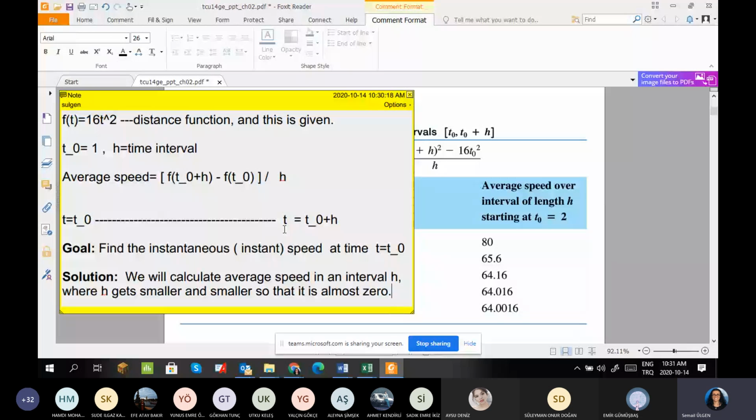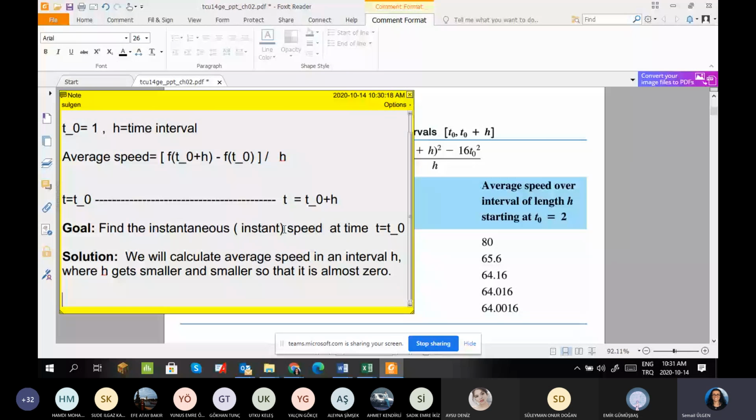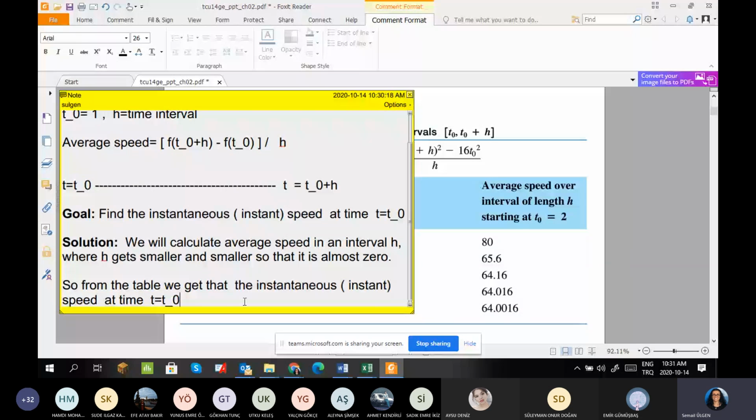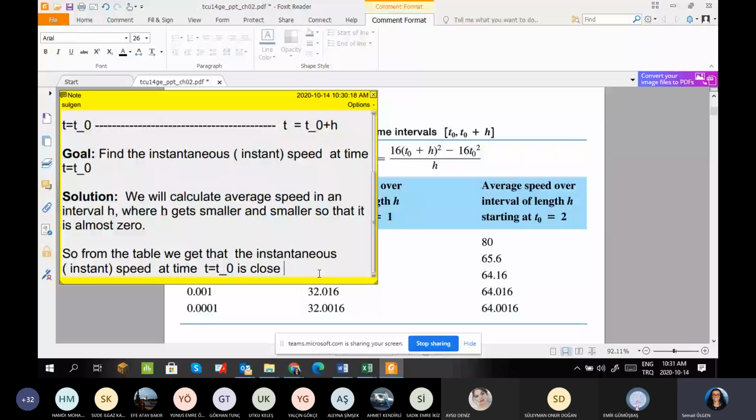Okay, so from the table, we get that the instantaneous speed at time t is equal to t naught is 32 something. 32 what? Let's recall it. Okay, it is close to 32, miles per hour. I just put the unit as well. Okay, so this is how we do it.